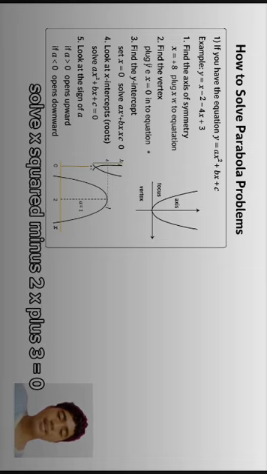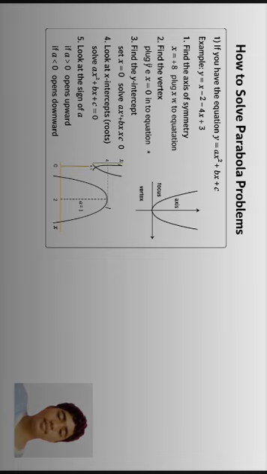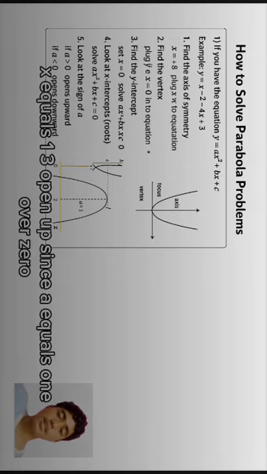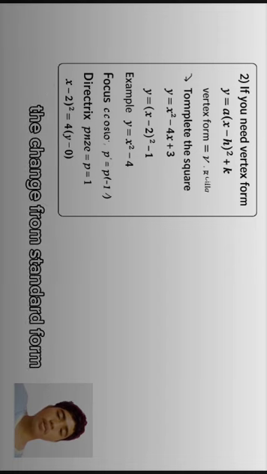X-intercepts: solve x squared minus 4x plus 3 equals 0. x minus 1, x minus 3 equals 0. x equals 1, 3. It opens up since a equals 1, which is greater than 0. If you need vertex form, it is y equals a times x minus h squared plus k.